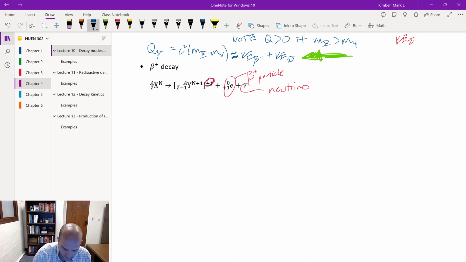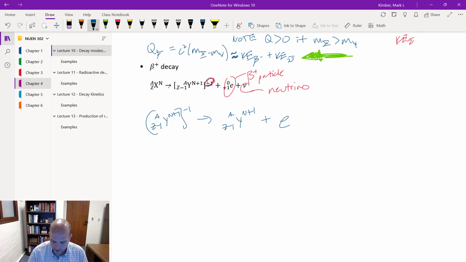And so this, that had a positive charge, is going to then be a neutrally charged daughter, plus that we just emitted the atomic electron. So this is going to be an electron emission.